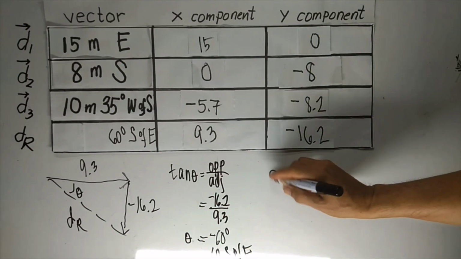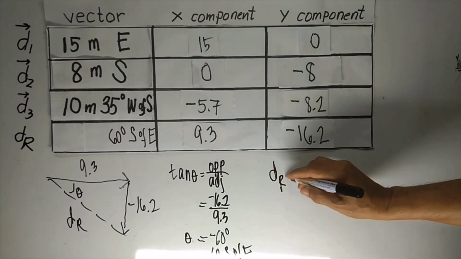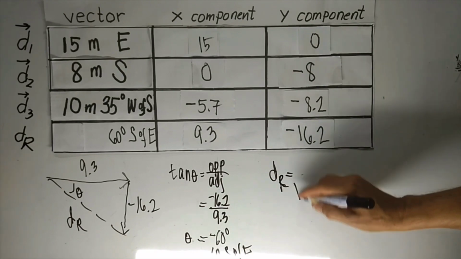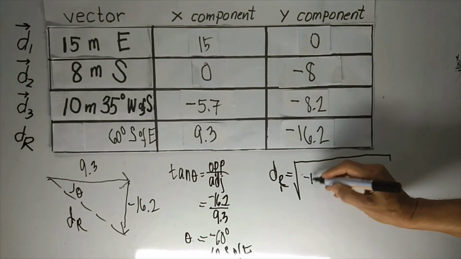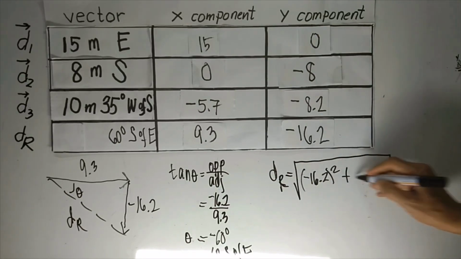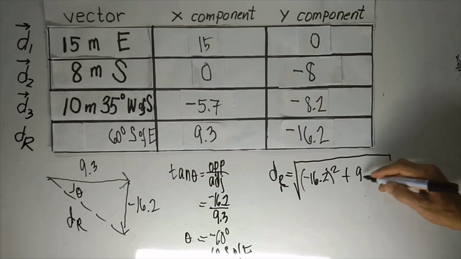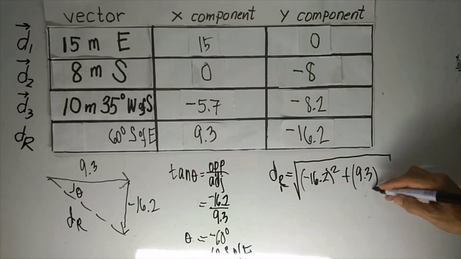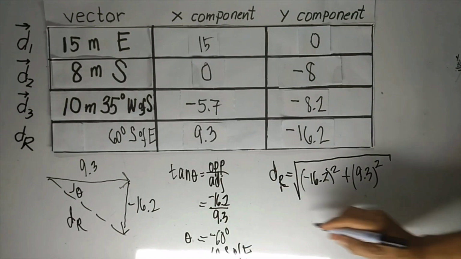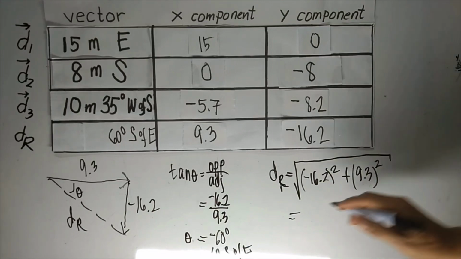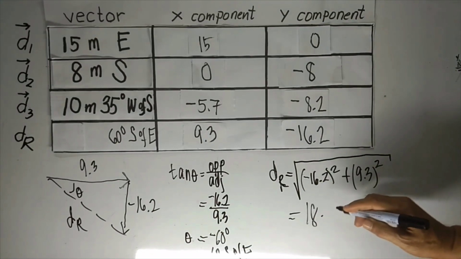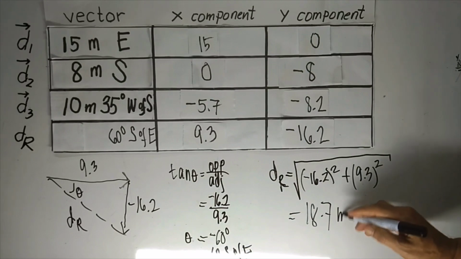So, dr therefore is equal to the square root of negative 16.2 squared plus 9.3 squared, which will give us the value of, with the help of your calculator of course, 18.7 meters.